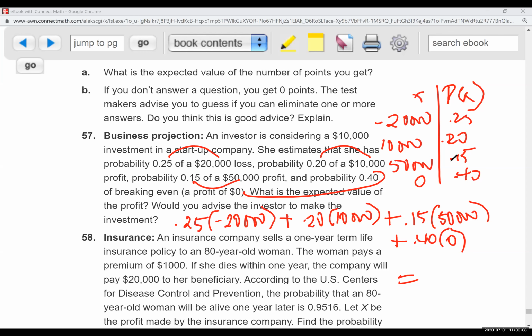So when you multiply and then add all this, what is the answer?